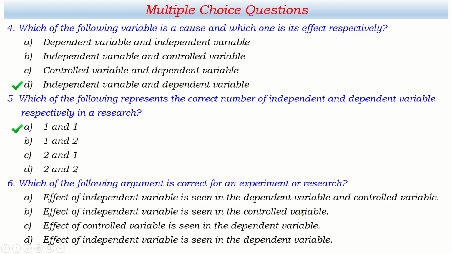Its value never changes. That's why this option is also incorrect. Effect of control variable is seen in dependent variable. Control variable remains the same. That's why this option is also incorrect. Effect of independent variable is seen in dependent variable. Yes, this option is correct.